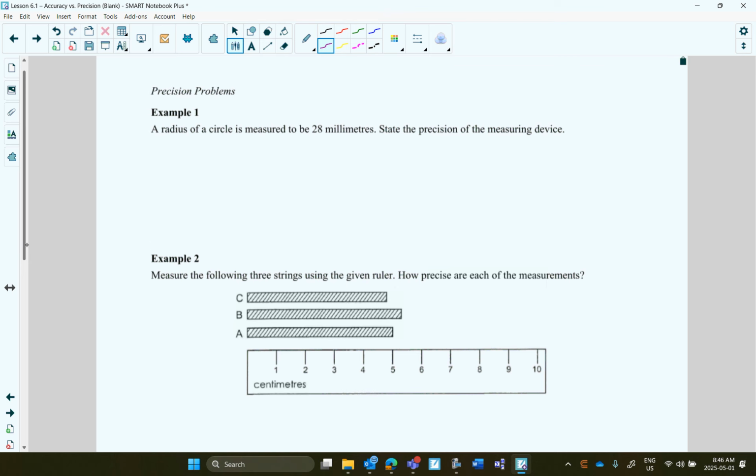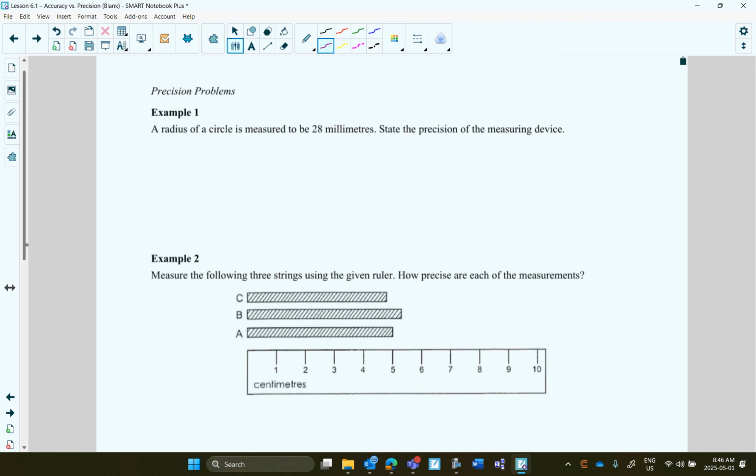So let's talk about precision problems. How close can we get when we measure over and over again? Can we get to the nearest whole number measurement, whatever that is? Can we get to the nearest one decimal place or 10th, nearest 100th, etc.? Well, it all depends on the information you're given.